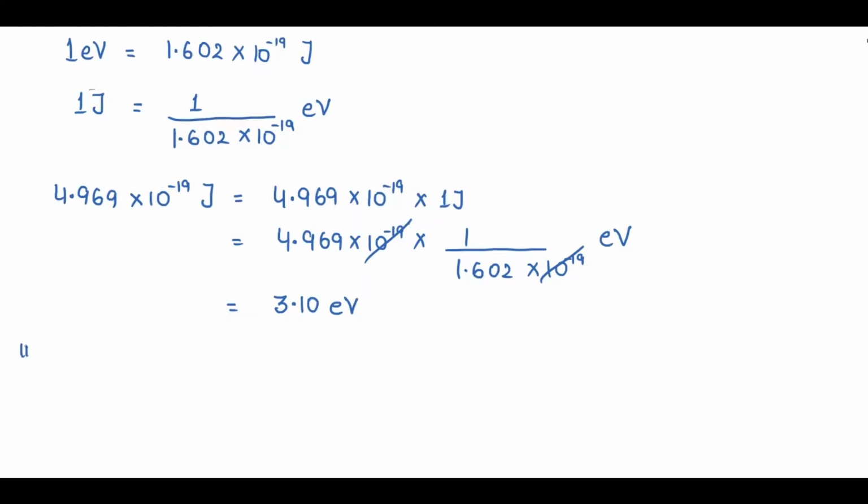Now we'll see our second problem. In this problem, we have to find the kinetic energy of the emission, right? So if we see the relation, the energy of the photon is equal to the threshold energy of the electron.